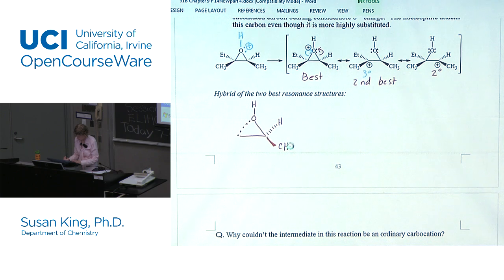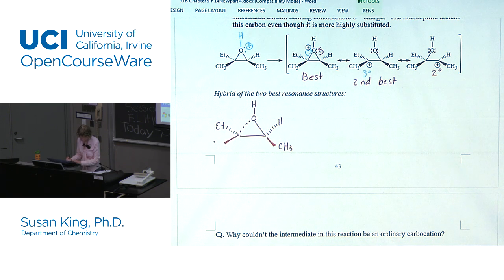And it turns out that bond is going to start lengthening in the transition state anyway, because we have a very high degree of ring strain. And so if that bond lengthens a little, the one that I have dotted, that's going to relieve some ring strain over on the right-hand side. And so that's going to be happening.